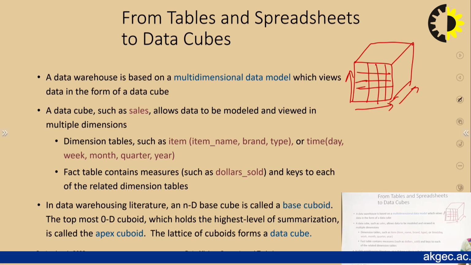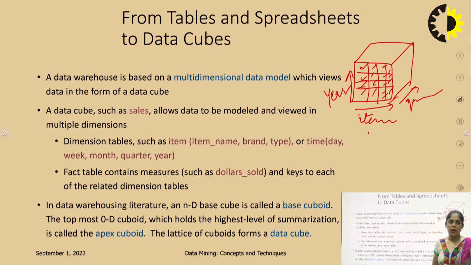Now data can be stored in these boxes, in these cubes. For example, here we have which particular item it is, and how much quantity is produced in which year. So like this, we can say it has a multidimensional data model.